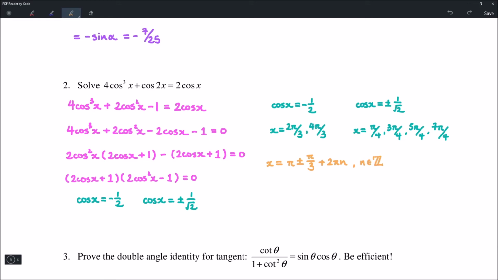So the pi plus pi over 3 gives us 4 pi over 3, and the pi minus pi over 3 gives us 2 pi over 3. And then the second part of the solution is going to be the pi over 4 solution, so that will be positive or negative pi over 4 plus n pi, where once again n is an integer.